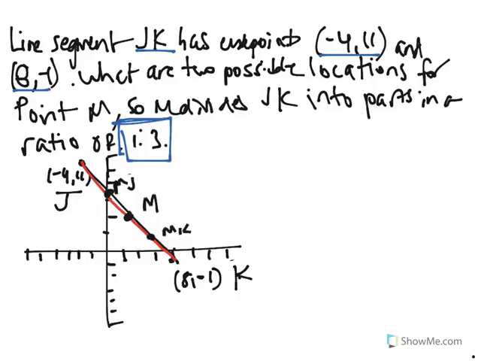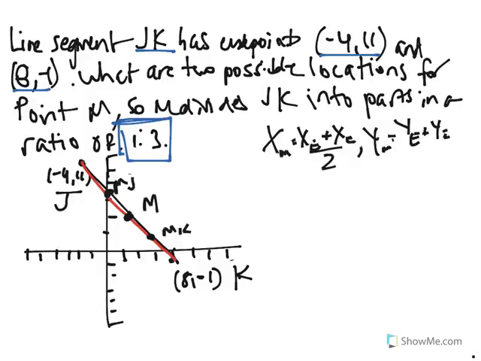Okay? So the first order of business is for me to write out my formula. X midpoint equals X endpoint plus X endpoint all over 2. Y midpoint equals Y endpoint plus Y endpoint all over 2. Okay, so let's see.